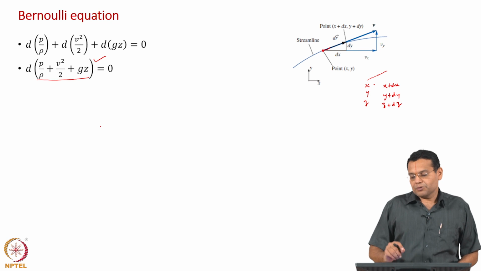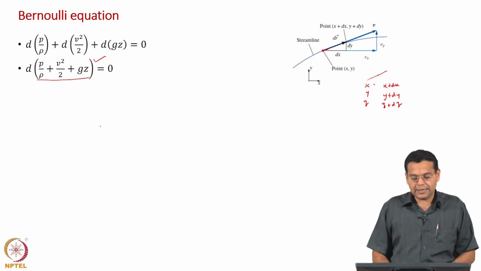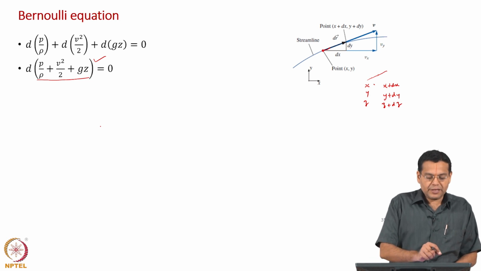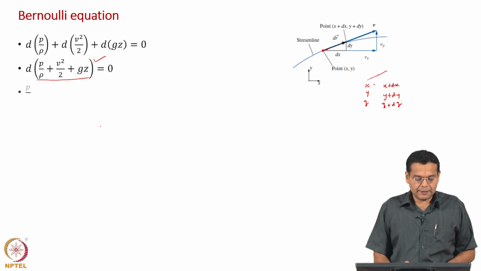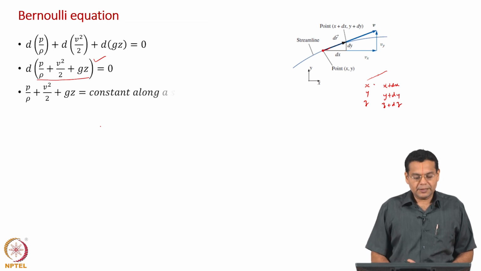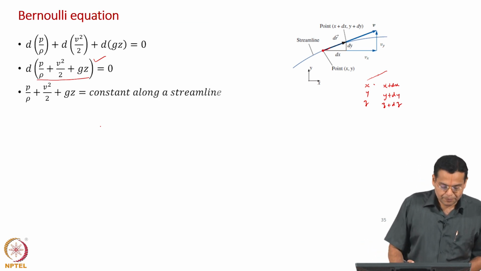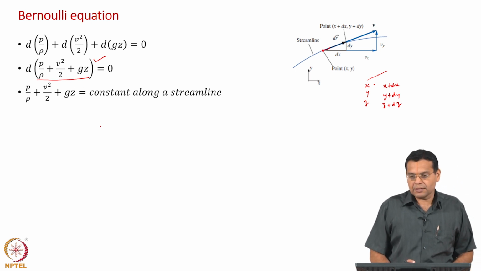So, if you are on a streamline and if you consider 2 points adjacent to each other, the difference of this value between the 2 points is 0. What does it mean? That particular summation is a constant along the streamline. Okay. So, p by rho plus v squared by 2 plus g z is equal to constant along a streamline.